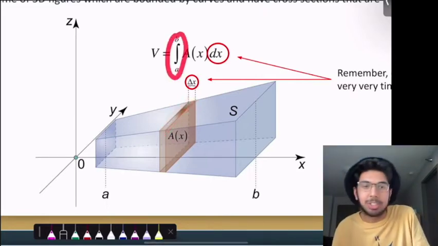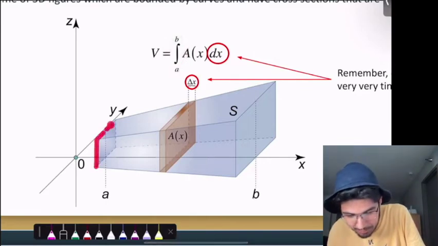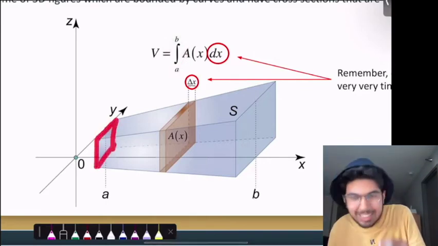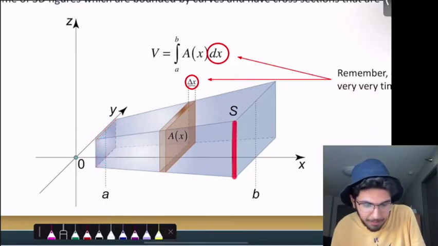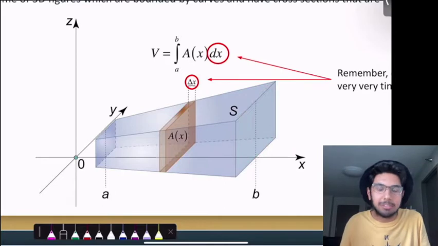And an integral is a sum, so we're taking the sum of the volumes of all of these thin slices from a to b. That's how we're obtaining the volume of this figure.